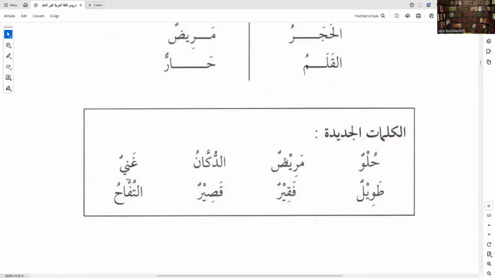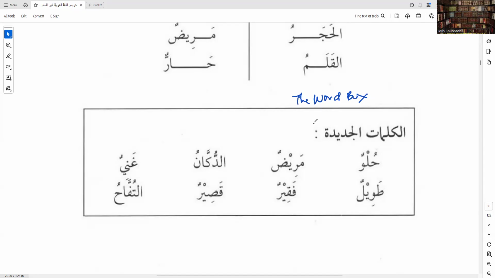Let's go to the final part of the dars. That is the word box. Again, always concentrate on the word box. The word box is very, very important. Like I said earlier, it introduces new words that you have not encountered before.